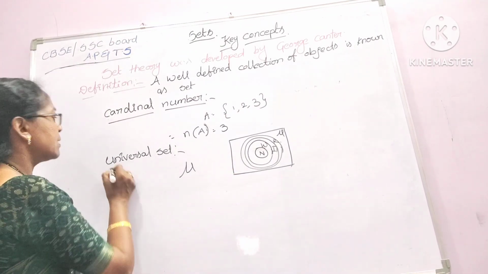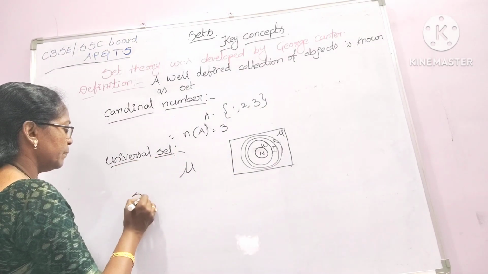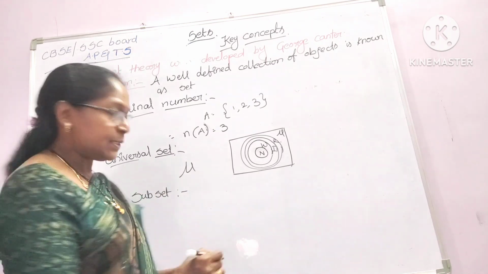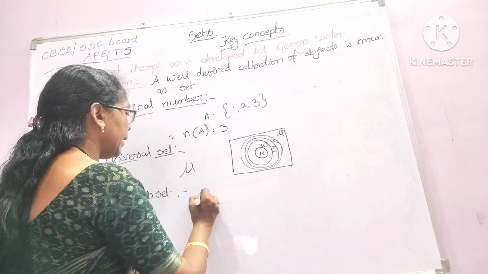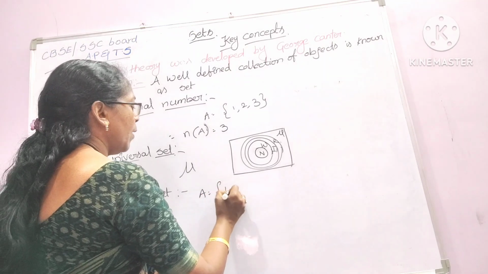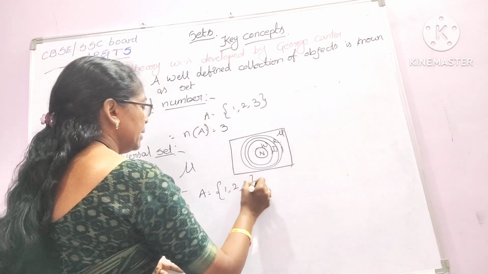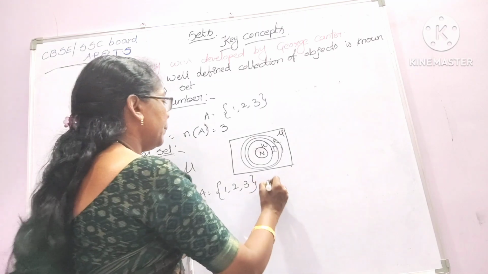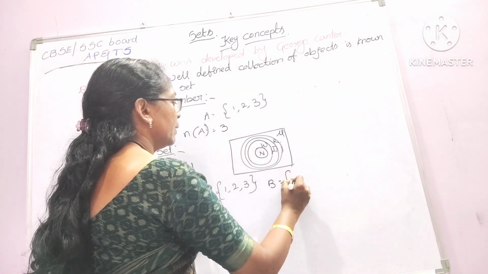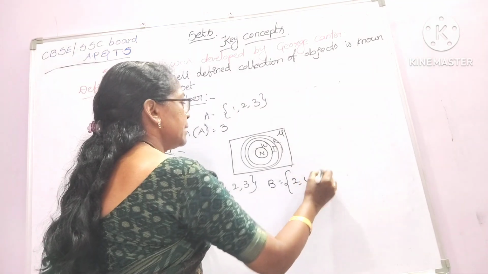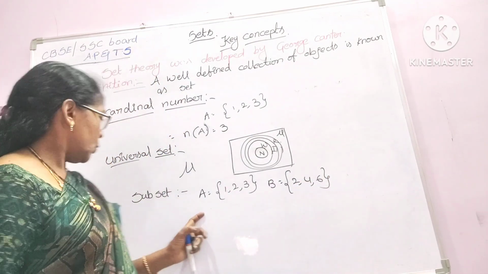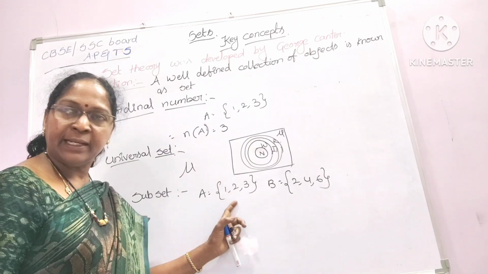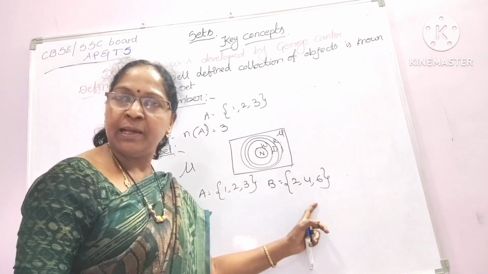And next one is subset. What is a subset? For example, A equals {1, 2, 3}, these are the elements in set A, and B equals {1, 2, 3, 4, 5}. A subset is when the elements in set A belong to set B also.